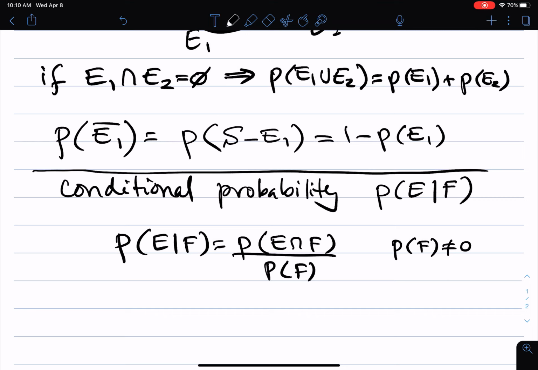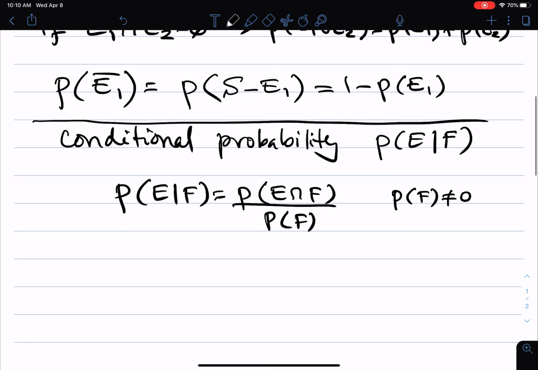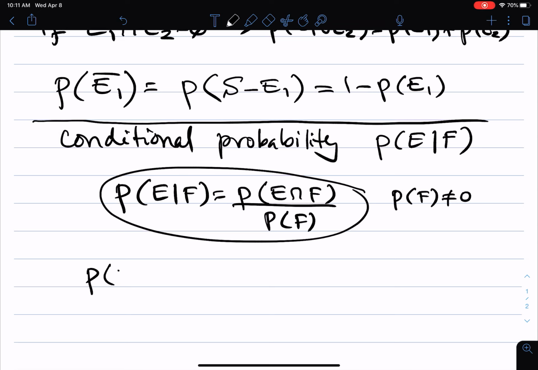Okay, so if E and F are independent, they have really nothing to do with each other. So let me actually first write this without having a fraction.